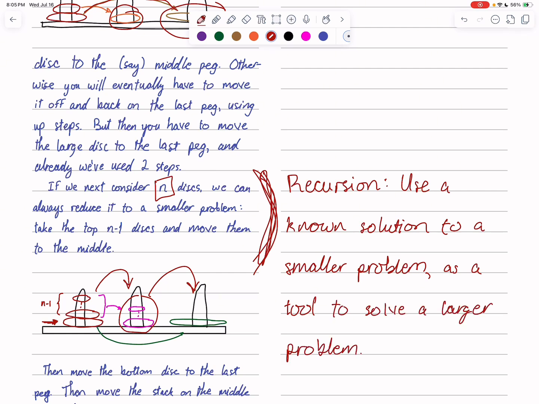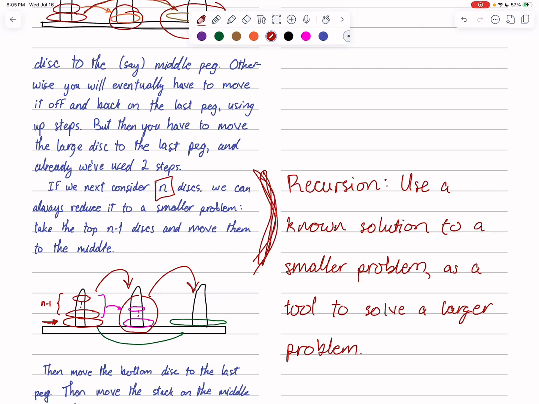And if you think about everything that we've done so far, look, we already know how to solve the problem when n is equal to 1. We even know how to solve it when n is equal to 2. And this strategy demonstrates that we therefore have a strategy to solve it when n is equal to 3, right?